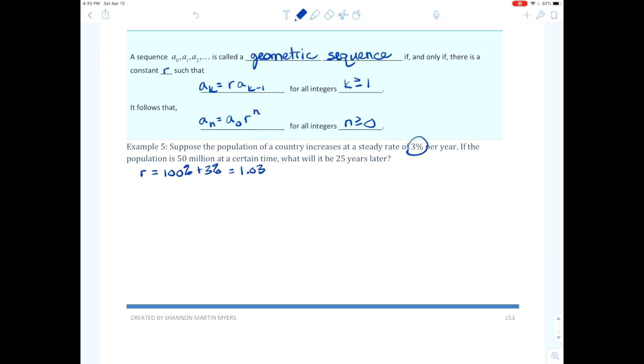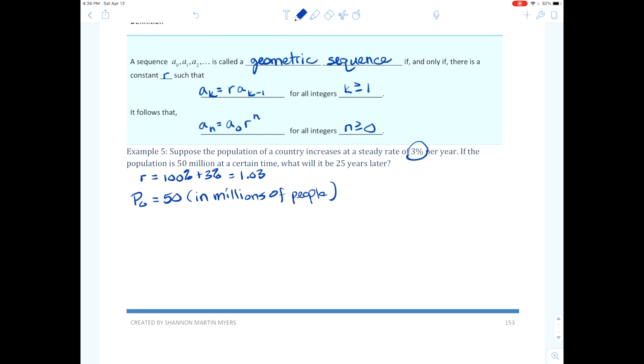All right, so now we're starting out with 50 million people, right? So we could say P for population. Population 0 is 50, and we'll just remember that it's in millions of people. Okay, so how would we set this up?